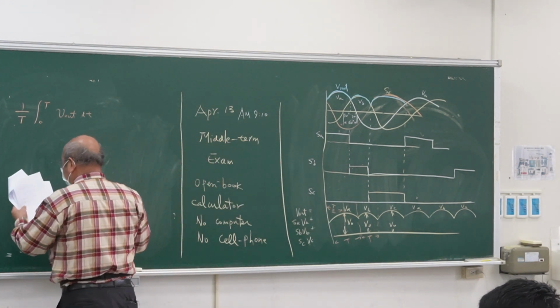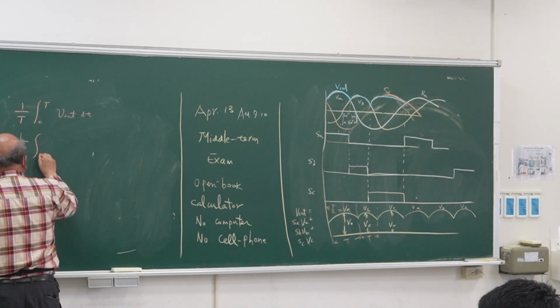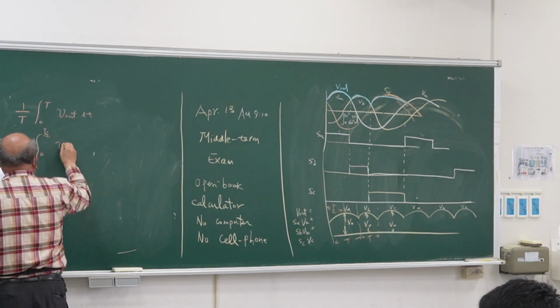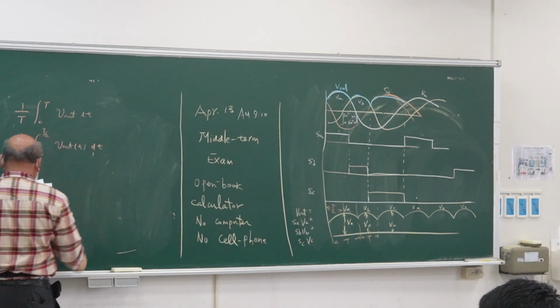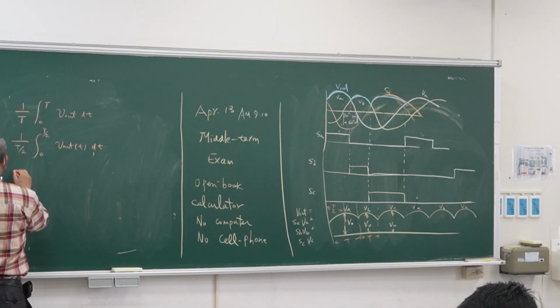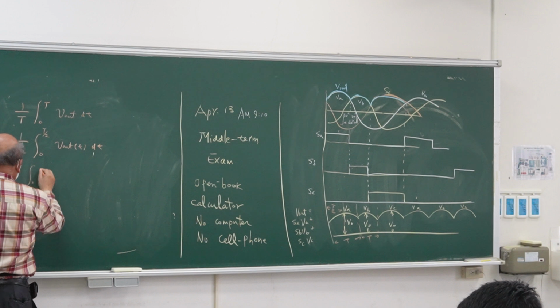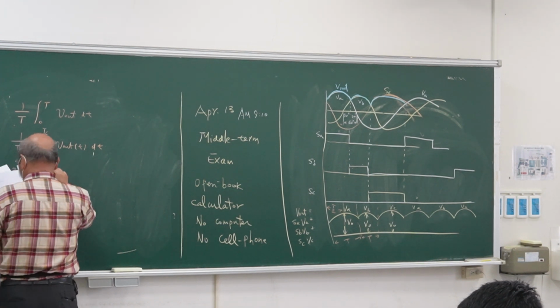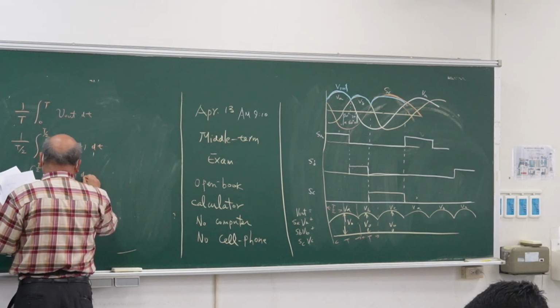So we get 2 over T, integral from 0 to half T, of V out(t) dt.